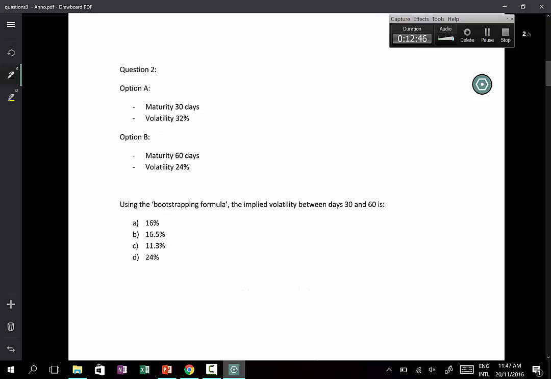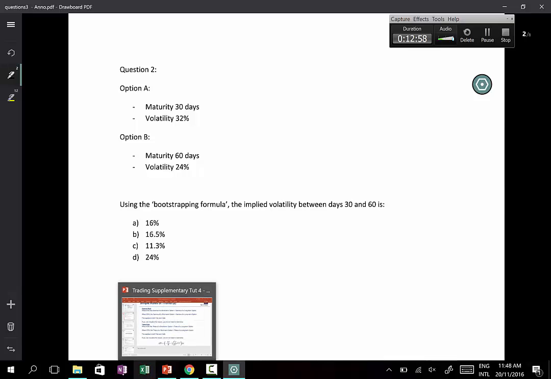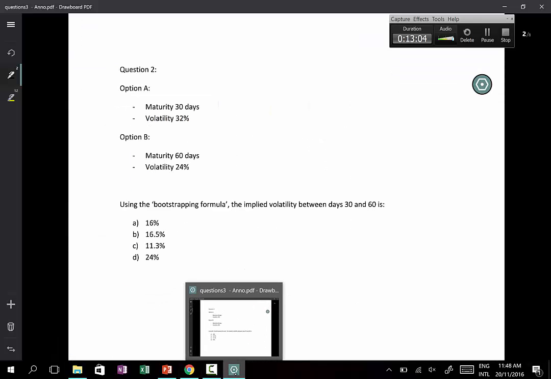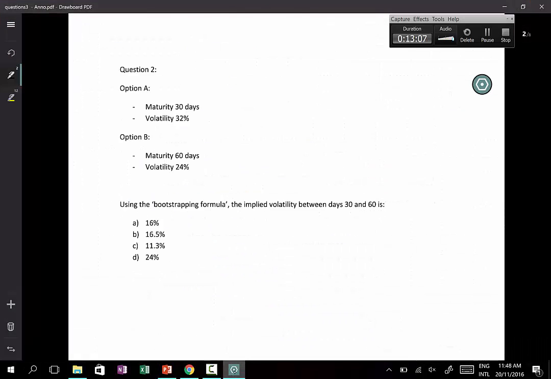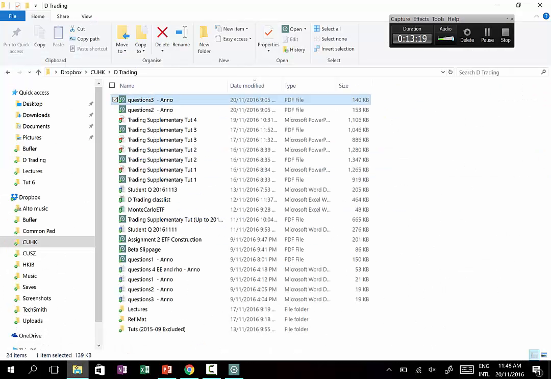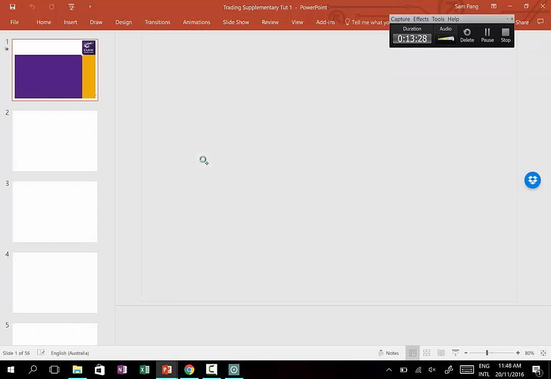Now, the second question. This one actually is simply an extension of the previous question. The formula that you use to work out the volatility in 30 days time of the 30-day period, I think it was given. I've forgotten actually which, let me check. It could even be in the first lecture.